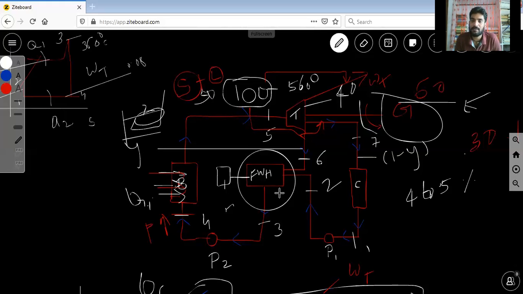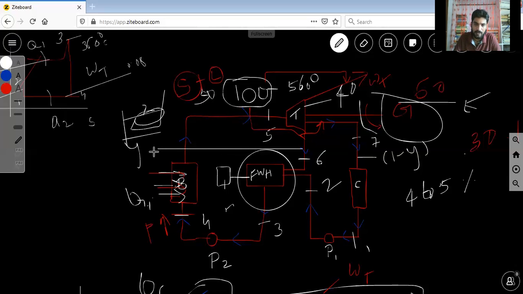Okay, you introduce a number of feed water heaters, so multi-stage or so on. Okay, so this is a brief description about regenerative Rankine cycle.